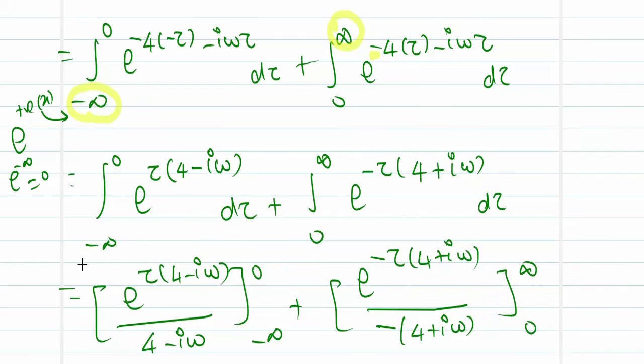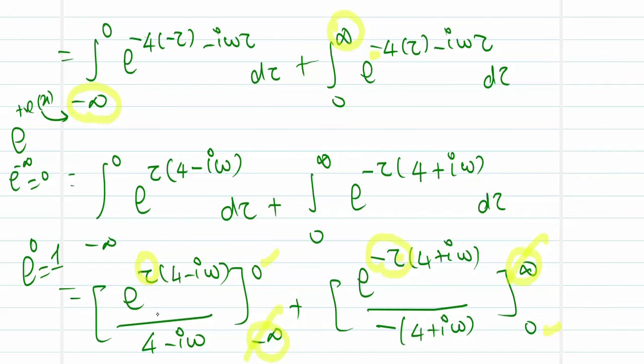Now we need to keep in mind what e to the power of tau is. Tau taking the value minus infinity will vanish because e power minus infinity is 0. Likewise, tau taking the value infinity will vanish, because e power minus infinity is 0. So only the portion with 0 over here and 0 over here will be left out. And what do we know about e to the power of 0?